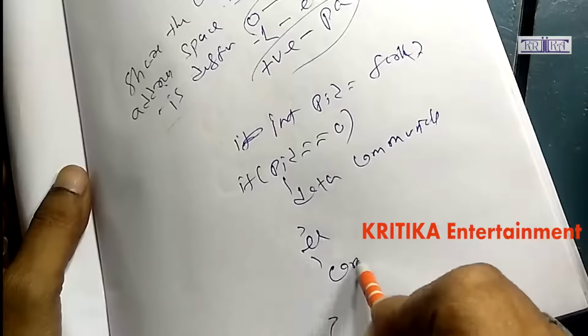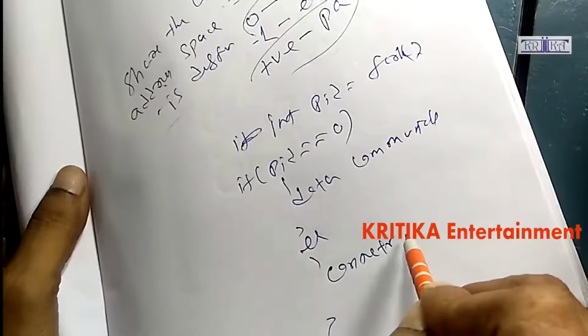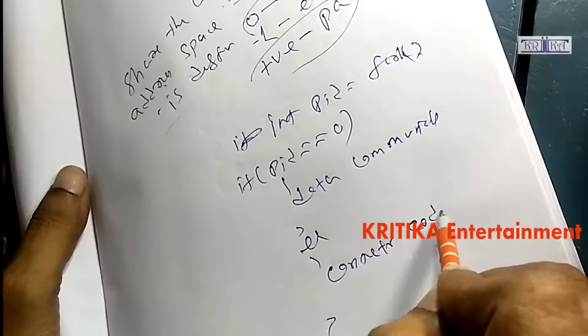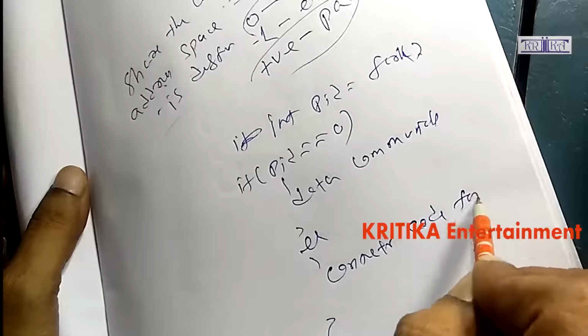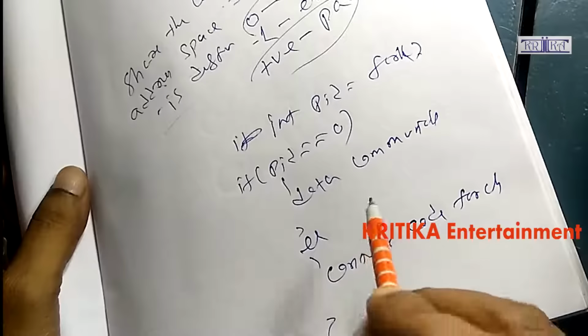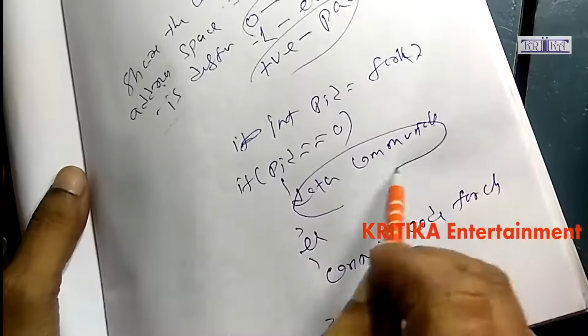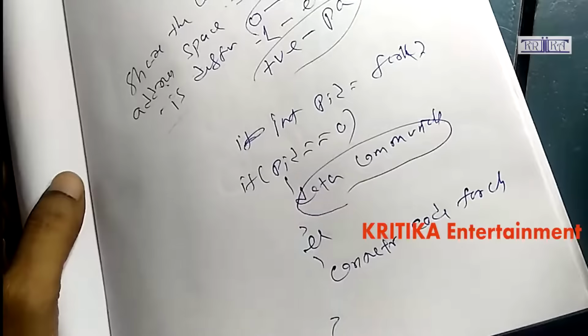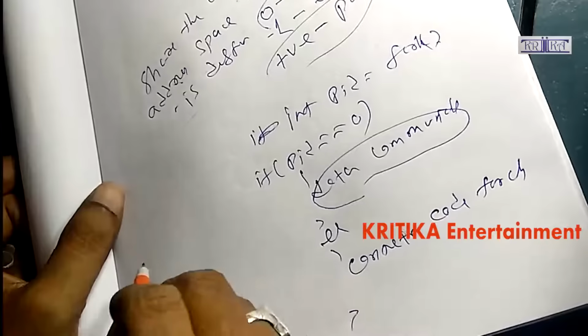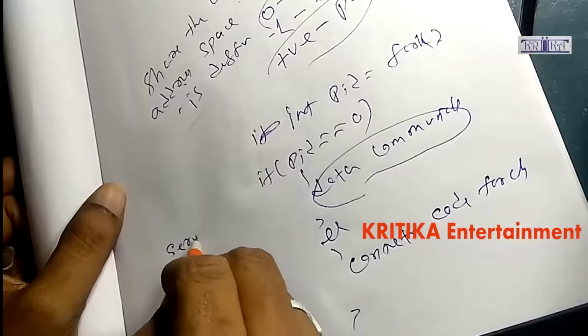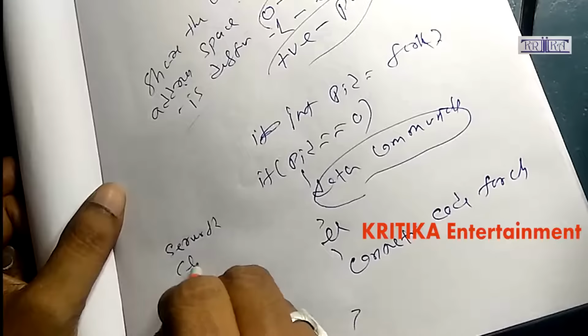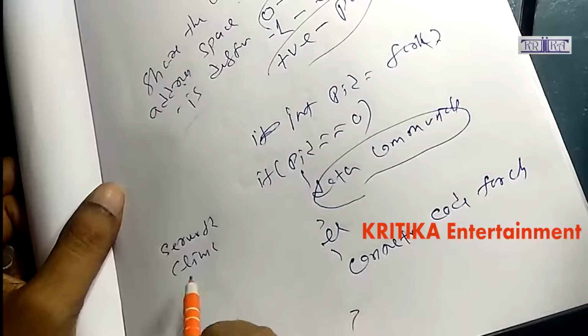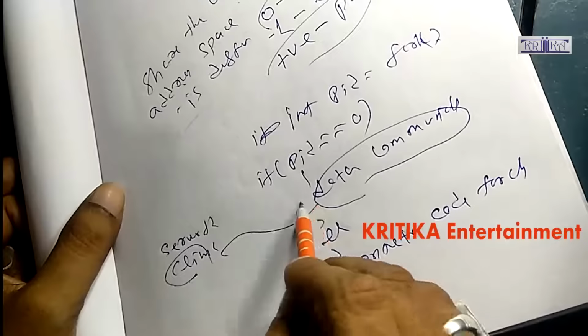connection code for the client. Remember, for data communication there are 2 types of FD we use in the server: first is the server FD, second is the client FD. Client FD is used for data communication.